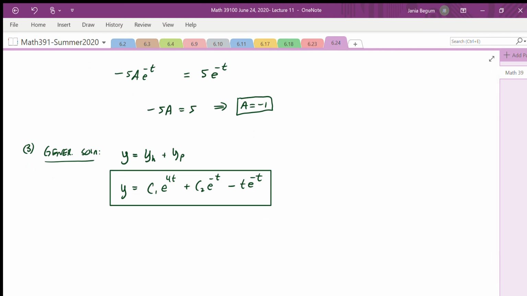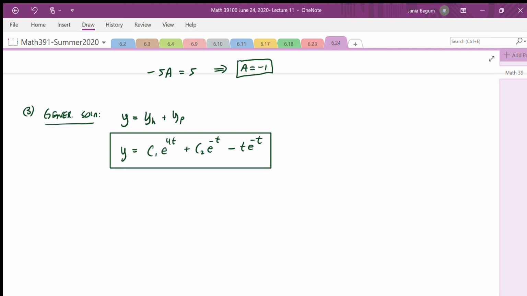Let's do another problem where we're going to guess the form of the particular solution. So let's try this problem. So here is example 2. So I'm just going to modify.